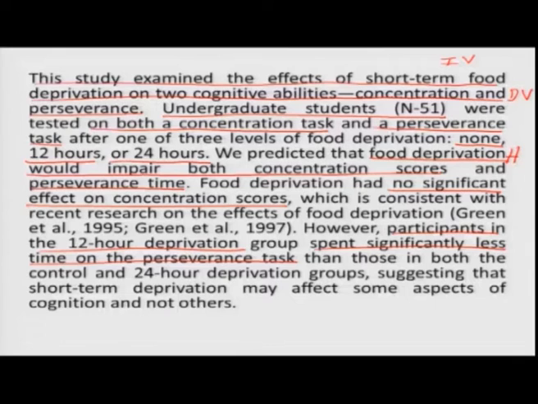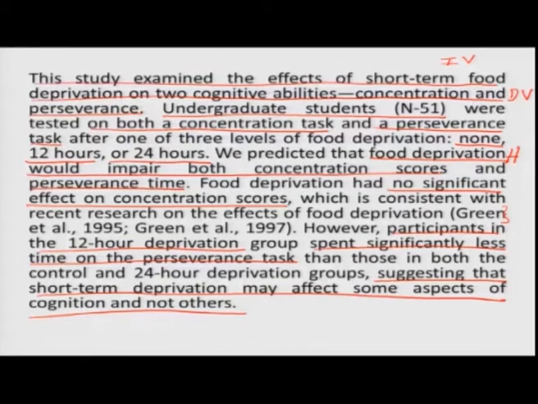Then the main implication of the study is given here: short-term deprivation may affect some aspects of cognition and not others. So, you can see the introduction, some information about previous research, then the research area, the methodology details, and then the main findings.